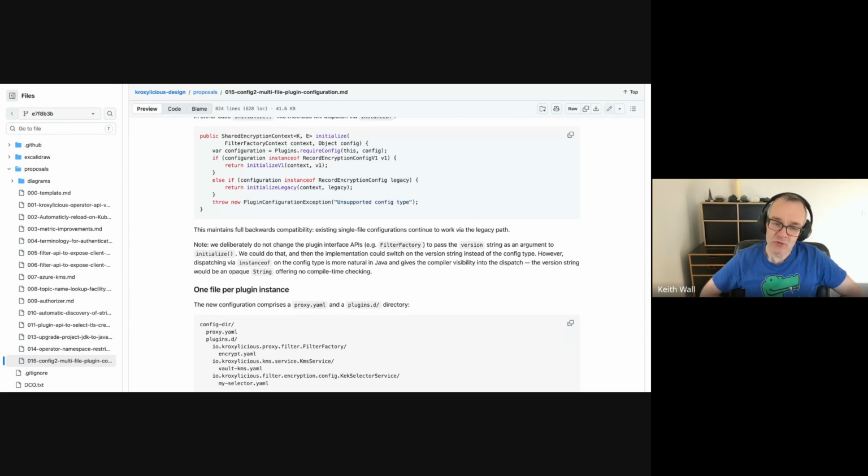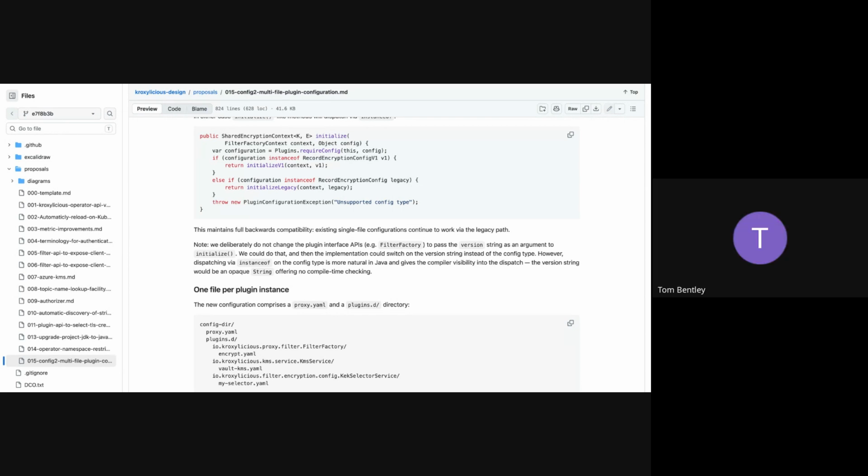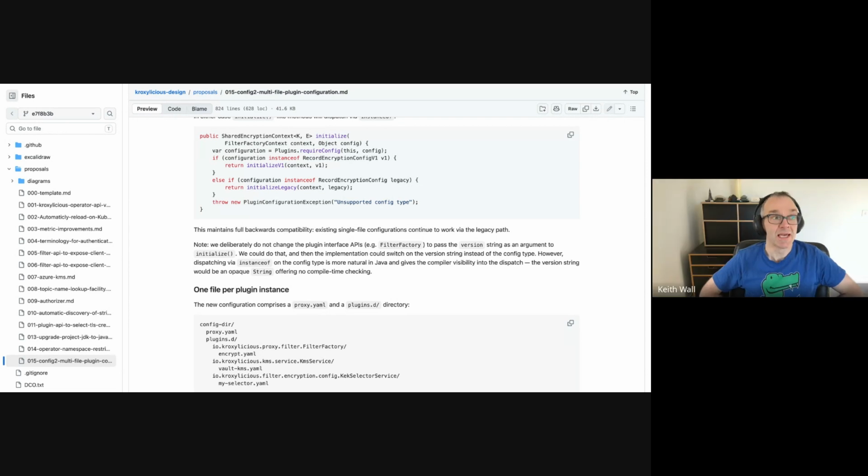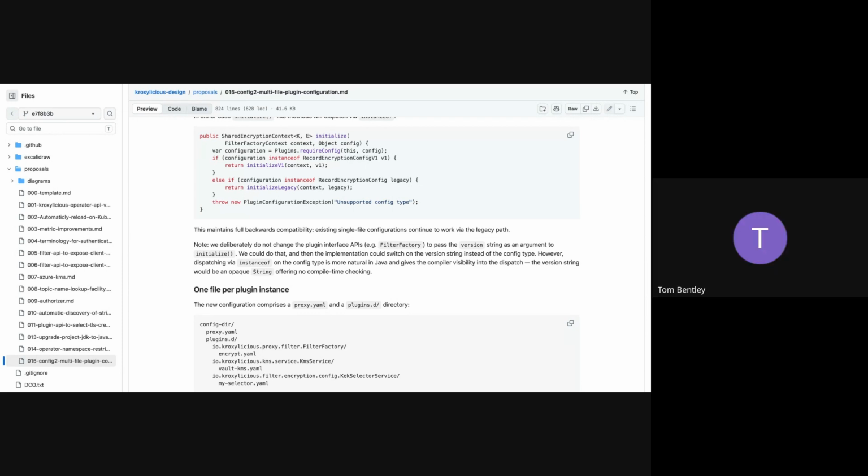Is that tackled as part of this proposal, or is that out of scope? I'm talking about the configuration that appears in the Kafka protocol filter CR. Partly. This is quite intentionally, because it's a big proposal already.